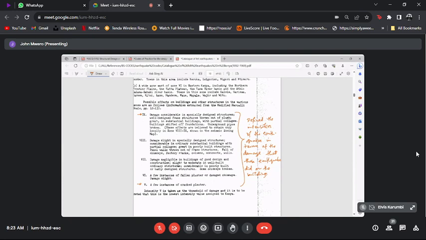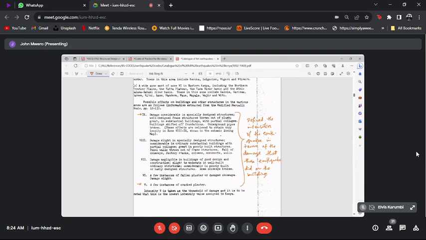This classification, where this standard classifies the intensity of the earthquake based on how much damage that earthquake does on a building, deviates from how more modern standards define earthquakes. So let's look at how he defines these intensities.